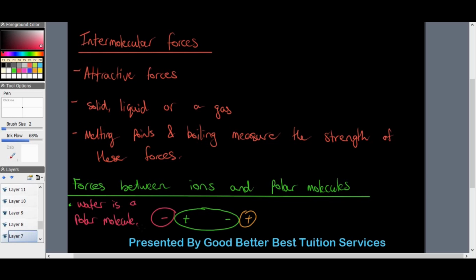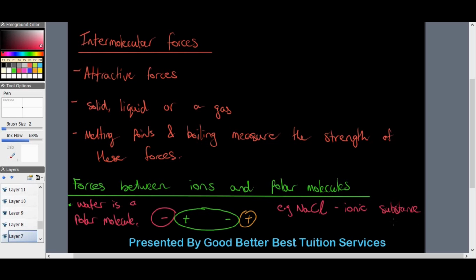So what happens here if an ionic substance, such as sodium chloride, NaCl, let me just draw that L better because it looks like a big fat E, a cursive L. This is an ionic substance.